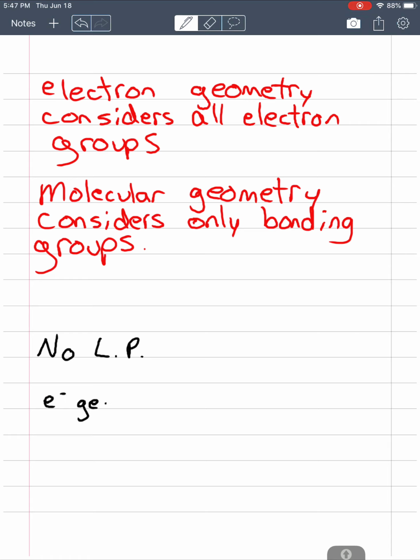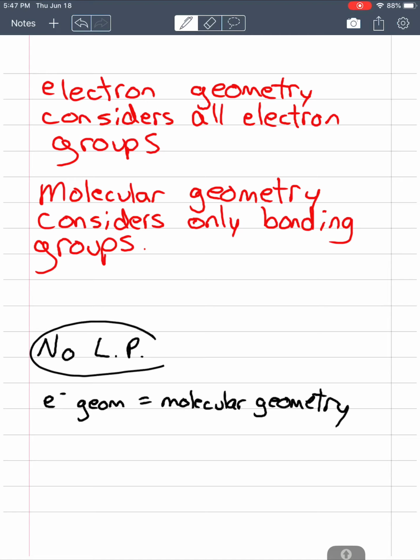Then your electron geometry equals your molecular geometry, when you have no lone pairs. When you have lone pairs, your electron and molecular geometry are different.